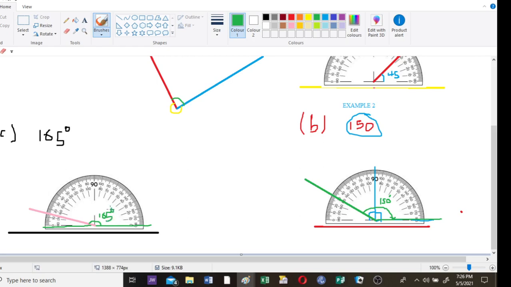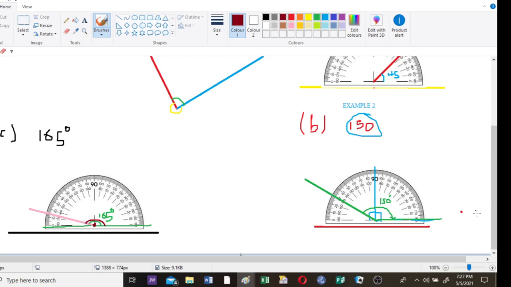So it means the space between this green line and this pink one, they are meeting at this point. So the angle from the green line up to there is 165. So that is the size of the space in degrees.